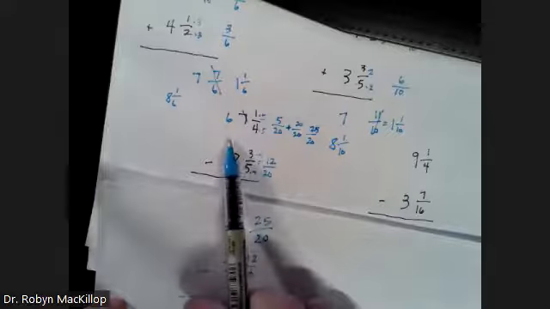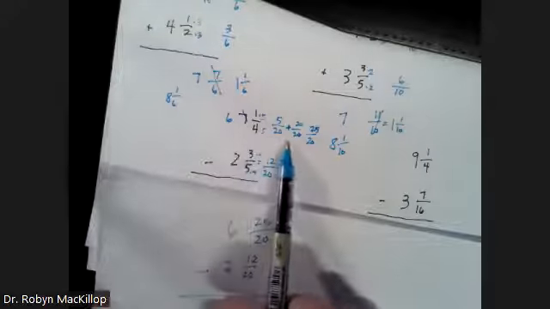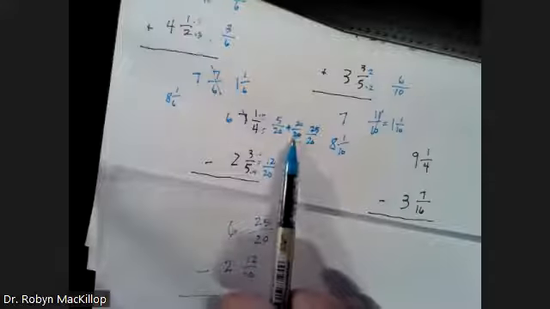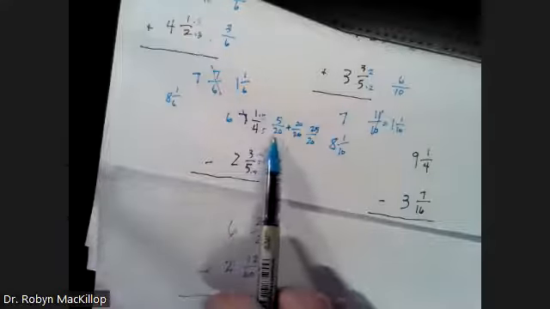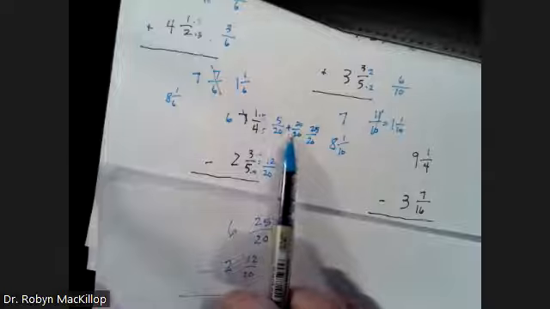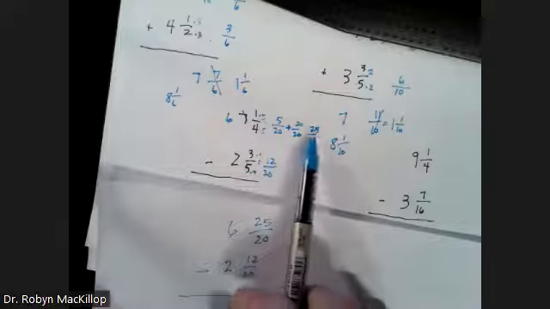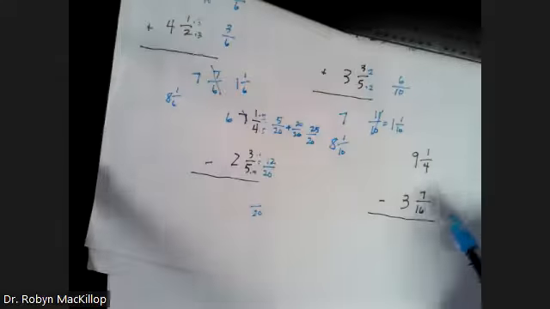So we needed to borrow 1 from the whole number, and that we turned into a fraction, 20 over 20, because then we can add these without having to alter it yet again. And that gave us 25 over 20. So what we have now is 6 and 25 over 20 minus 2 and 12 over 20. And then the subtraction is pretty simple. Perfect.